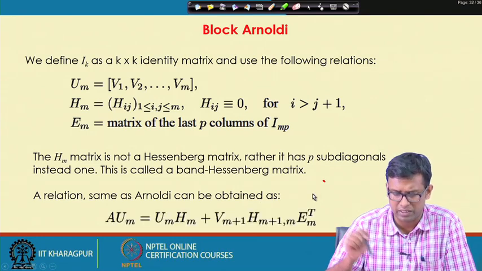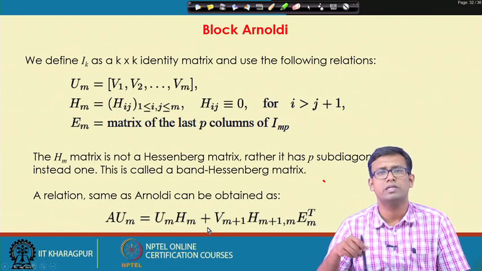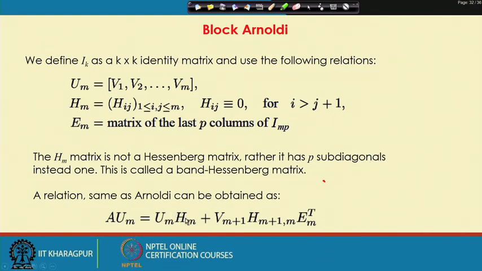All these are banded matrices, and a relationship like this holds, which is very similar to the relationship between the Heisenberg matrix and the Krylov subspace basis vectors. Now, instead of a basis vector, this is a basis matrix. Instead of the Heisenberg matrix, this is a banded Heisenberg matrix. But Krylov subspace type relations were applicable for the solution vector x earlier. Now, they are applicable for blocks of the solution vector x_i's.